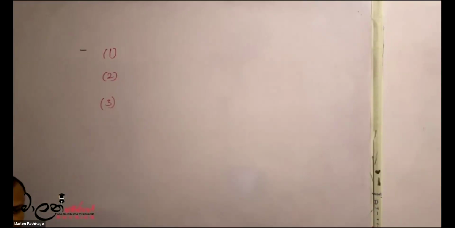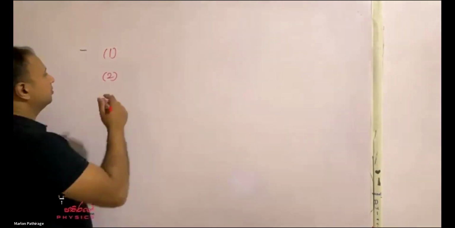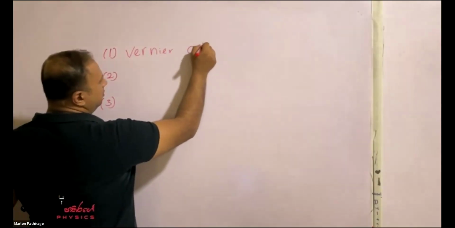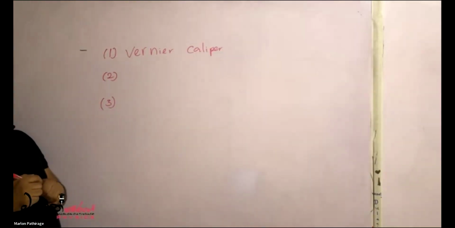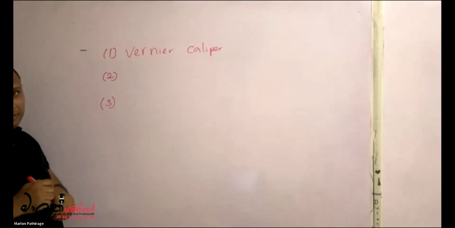Number one, vernier caliper. Normally we call it a sliding caliper or slide caliper.